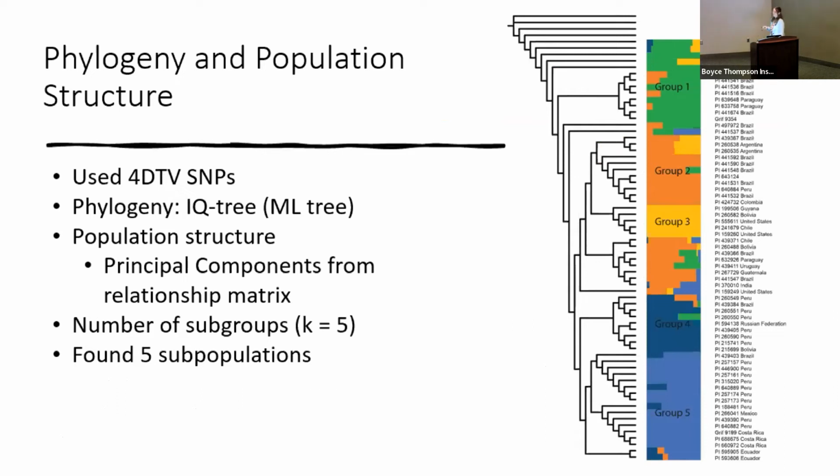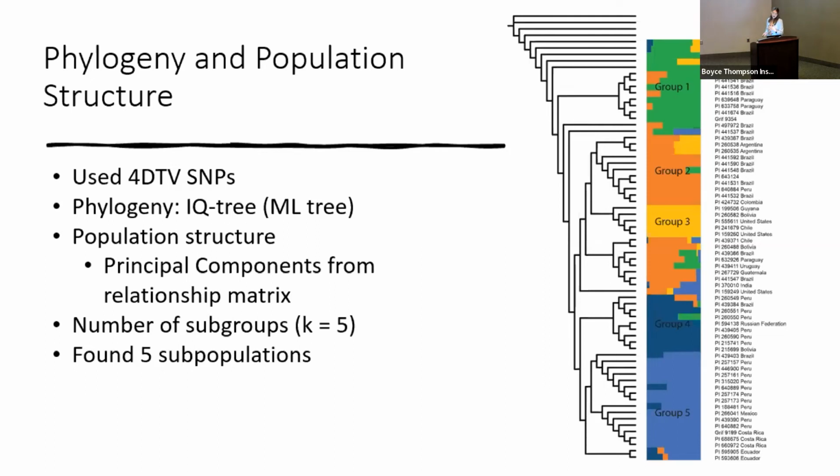I used SNPs at 4DTV locations to generate this phylogenetic tree that you see here. I used IQ-TREE, and this is the maximum likelihood tree. From this, you can see that there are some accessions that are more closely related to each other than they are to others. That means that this will have a significant effect that we need to consider.